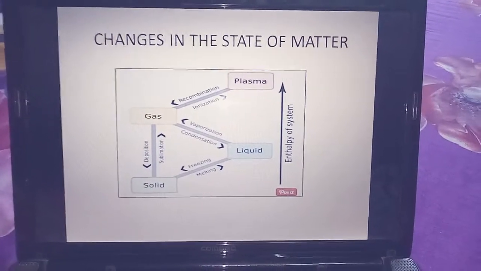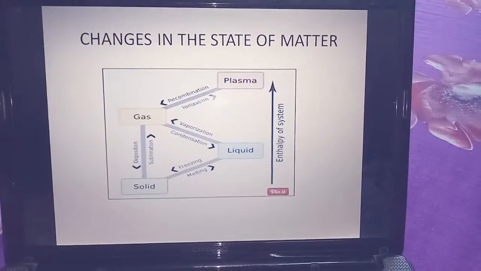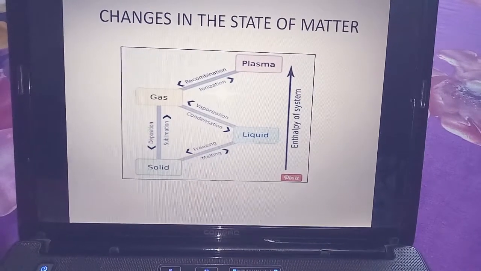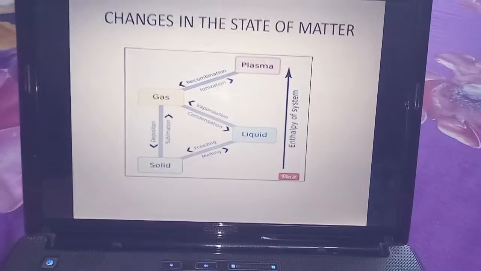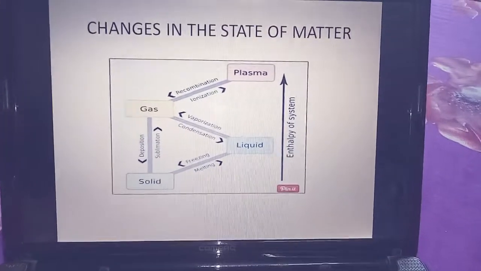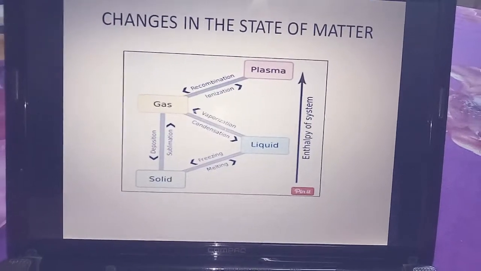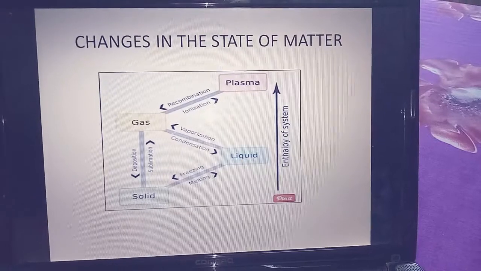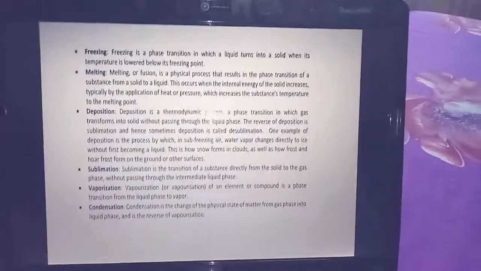When the gaseous state is converted into the plasma, this process is called ionization. Means the formation of ions occurs, that is positive ions and negative ions. But when the plasma state is converted into the gaseous state, this process is called recombination. And the transformation of one state into the other states requires sufficient energy or enthalpy.